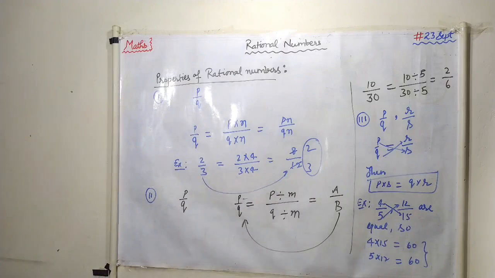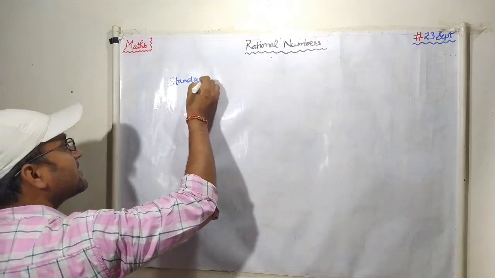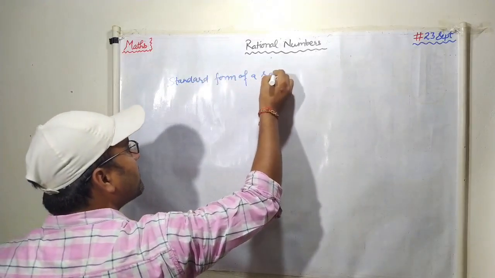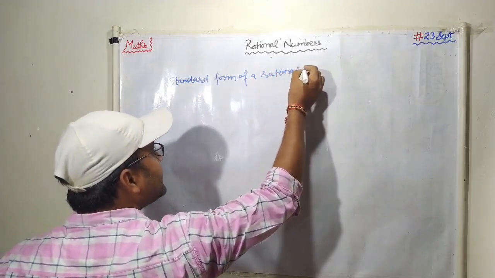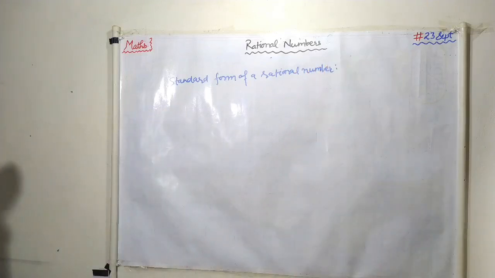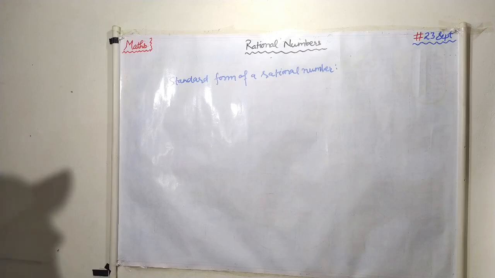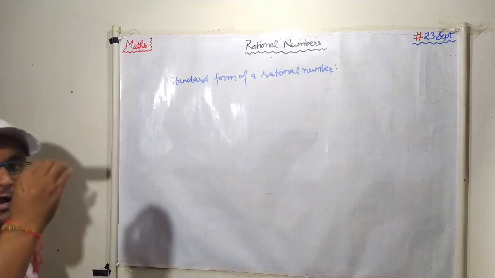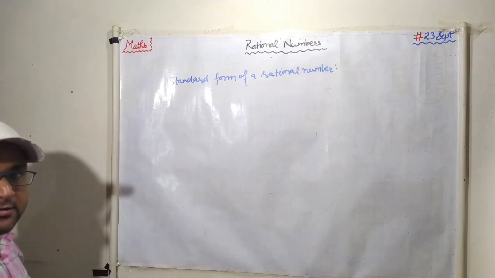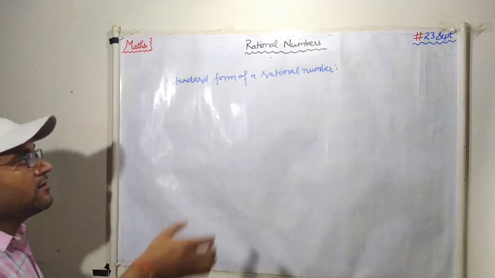Now, the standard form of a rational number. Very important, students, and very easy also. A rational number is said to be in standard form when its numerator and denominator have no common factor other than 1.